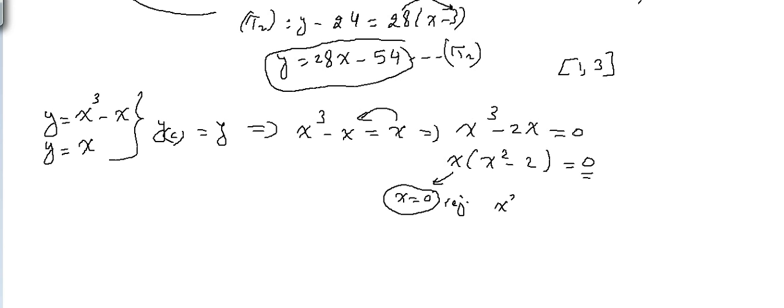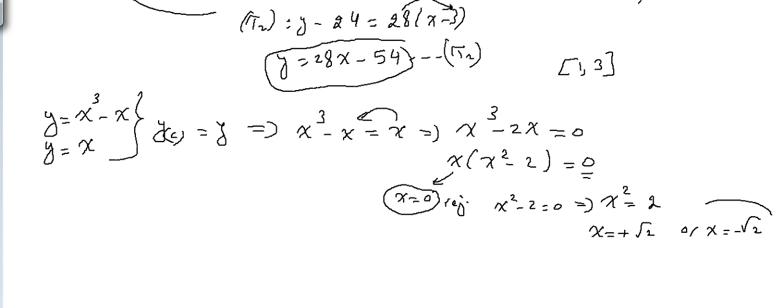The other one, x squared minus 2 equals 0. It gives me that x squared equals 2. This means x equals either plus radical 2 or minus radical 2. Also this is out of the domain, so it's rejected. So the only accepted point is x equals radical 2.